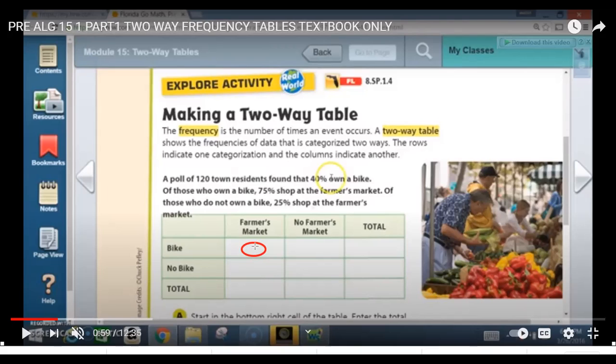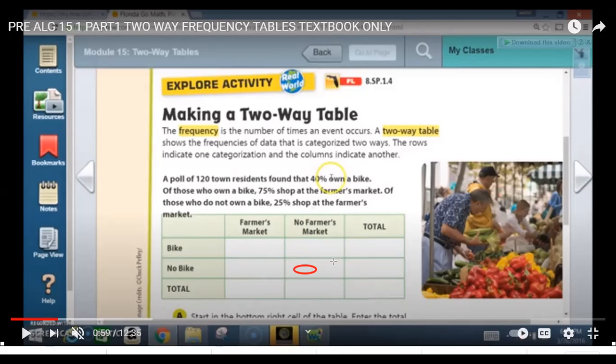Thank you. If I go to stand in another place, here, what does this denote? The people who don't have a bike and don't shop at the farmers market.